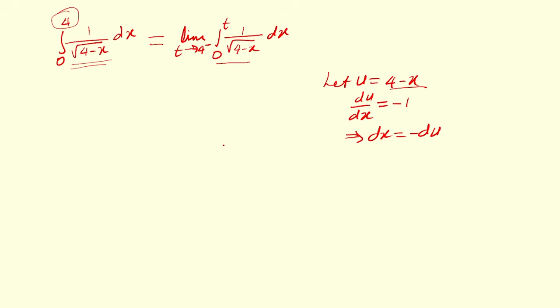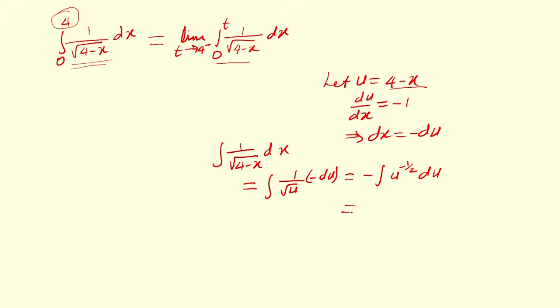So the indefinite integral of 1 over square root of 4 minus x dx is equal to the integral of 1 over square root of u times minus du. So this is minus the integral of u to the power of -1/2 du. This is equal to minus u to the power of (-1/2 + 1) over (-1/2 + 1).